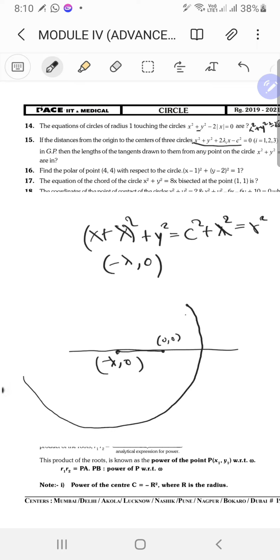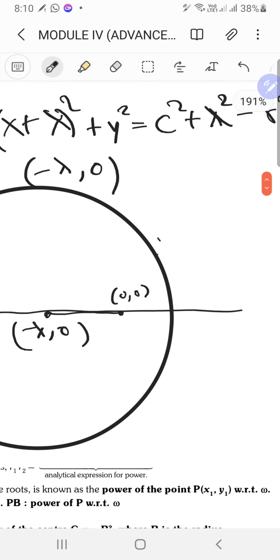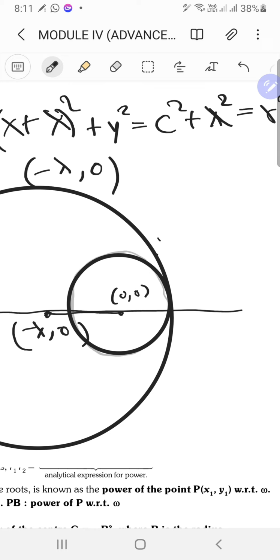Okay, so this should be the circle. Cool. And what have they given us? So we are also considering this circle, which has radius c and is centered around 0 comma 0, so that should be this circle, right? So this has radius c, this distance is lambda.